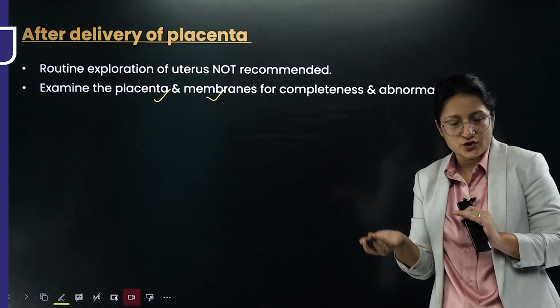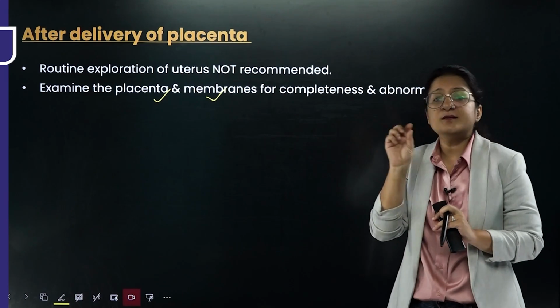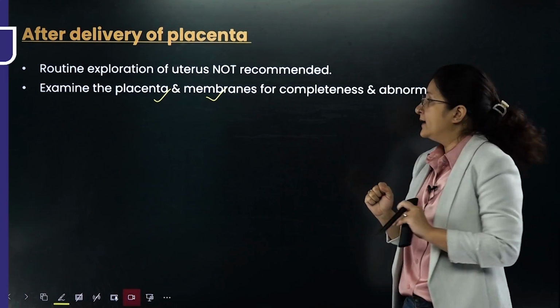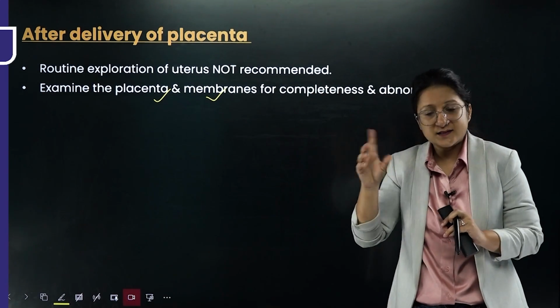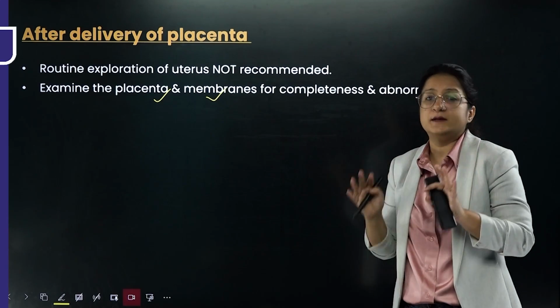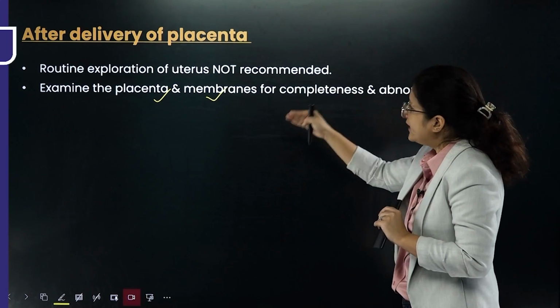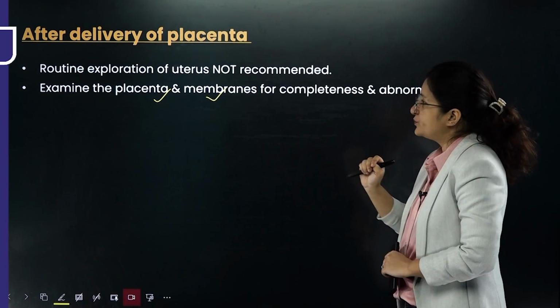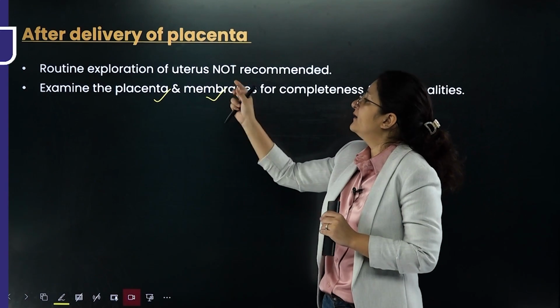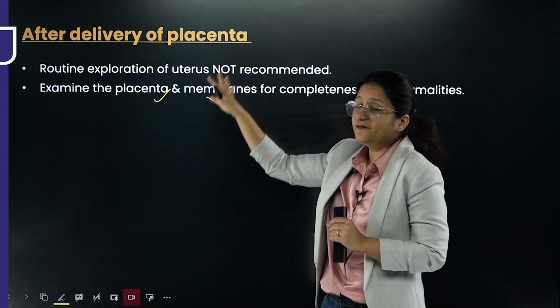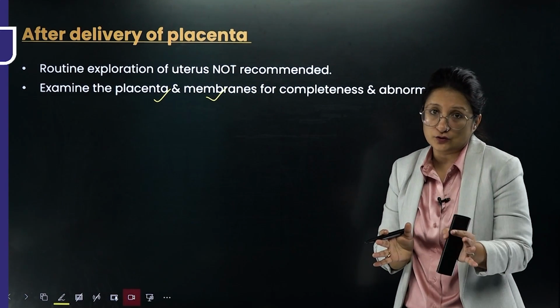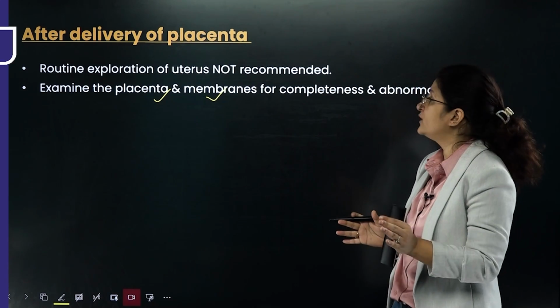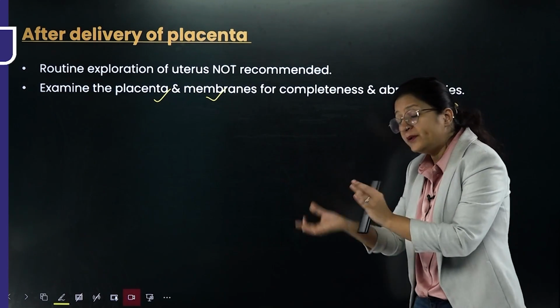If there is a clinical suspicion that maybe some lobes of the placenta are missing, or maybe the membranes are still inside, because you have to examine it in totality, then one can explore the uterus, because retained placental bits and retained bits of membrane will affect the uterine contractility also. So you have to look into that. Many times that would be a clinical clue.